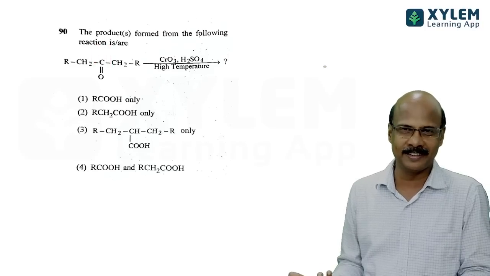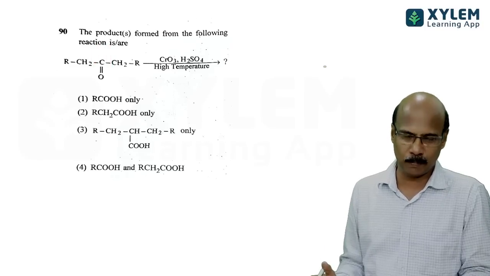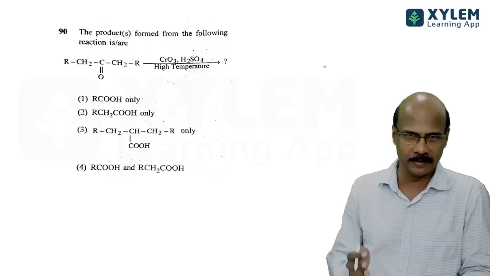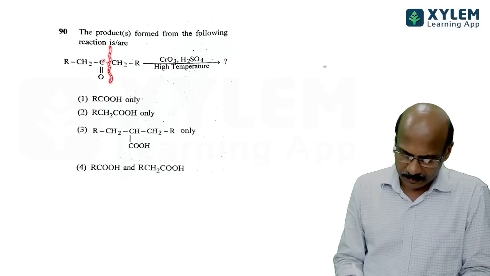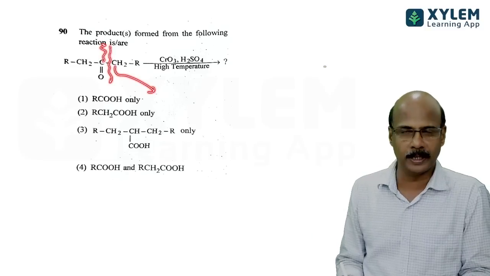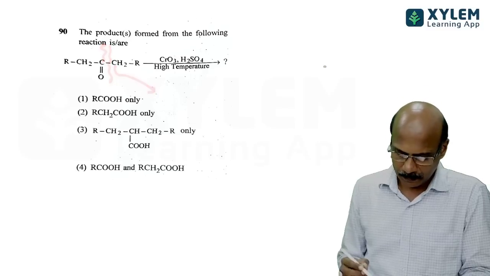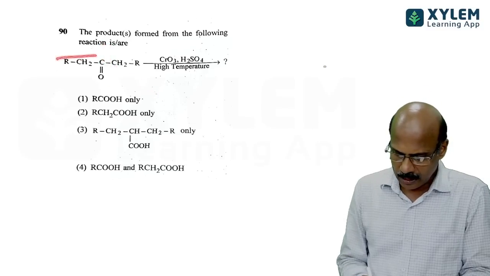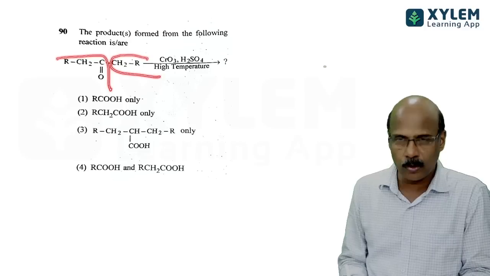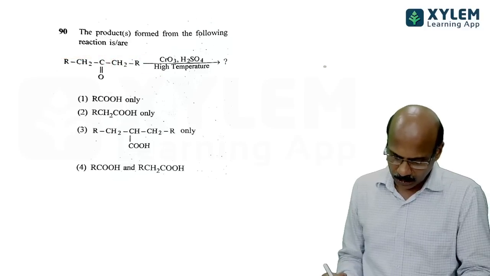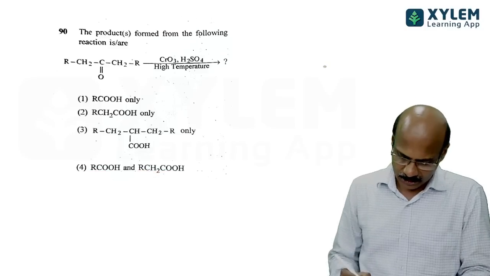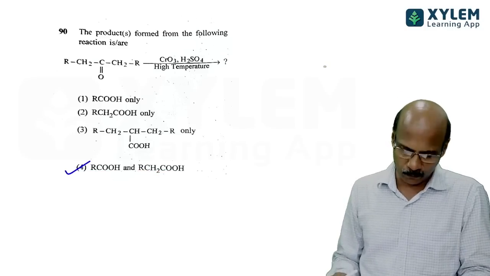Both are identical, so you need not go behind Popoff's rule. You can simply cleave here. While cleaving, this carbon becomes a carboxylic acid and this carbon also becomes a carboxylic acid group. So you will get RCOOH and RCH2COOH. So the correct answer is option 4.